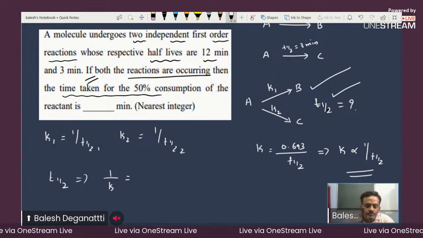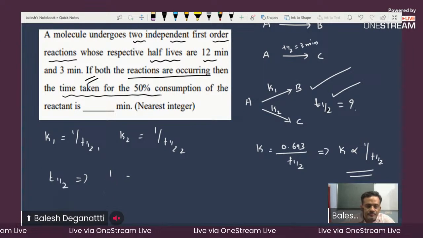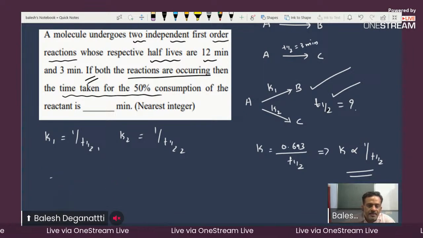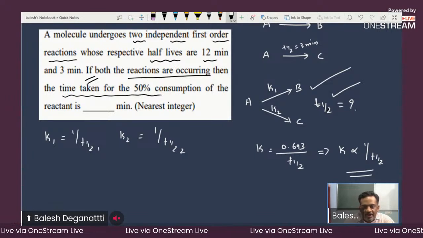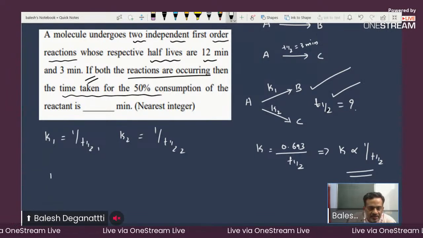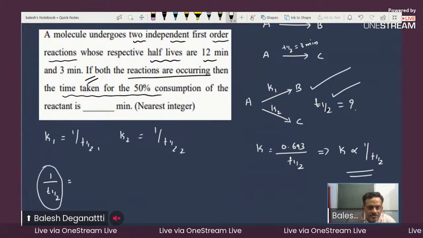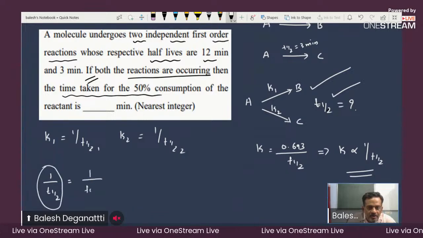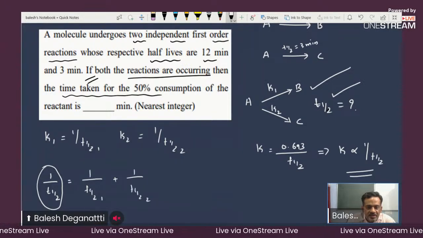So K1 is equal to 1 by T half 1, K2 is equal to 1 by T half 2. So now what we will do is, let us have 1 upon T half of the parallel reaction is equal to 1 upon T half of the first one plus 1 upon T half of the second one.